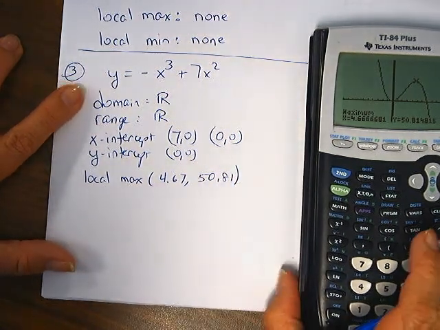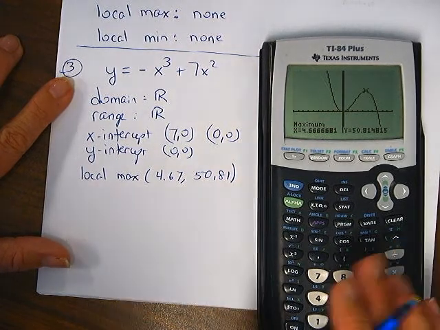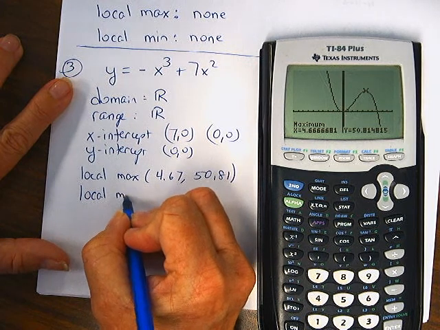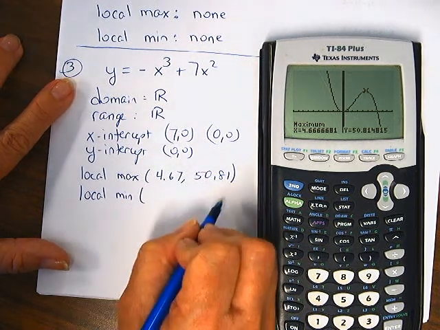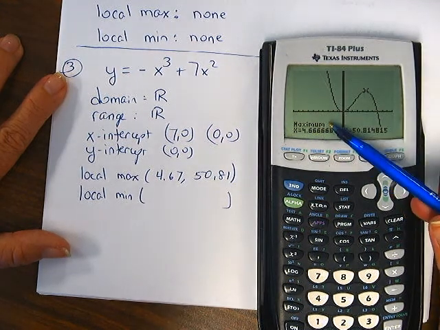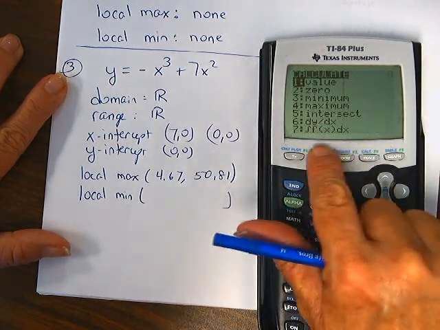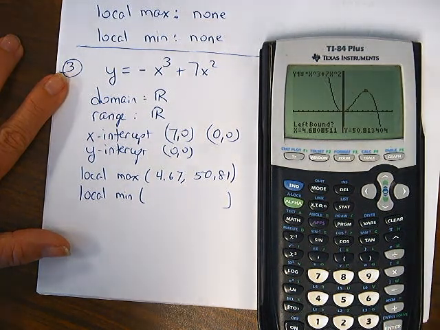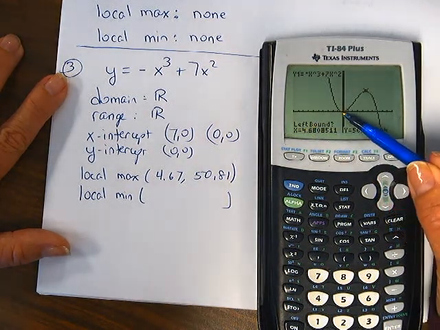And make sure you're getting comfortable at having the calculator do these, because you will have to do this on homework or on quiz or on a test. So local min. Again, we're going to go to second trace and tell it we want the minimum. So option 3. And we have to go to the left side of the minimum.